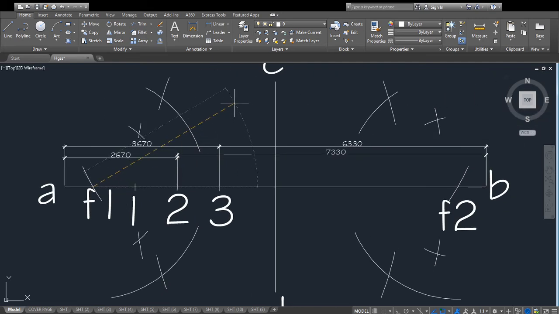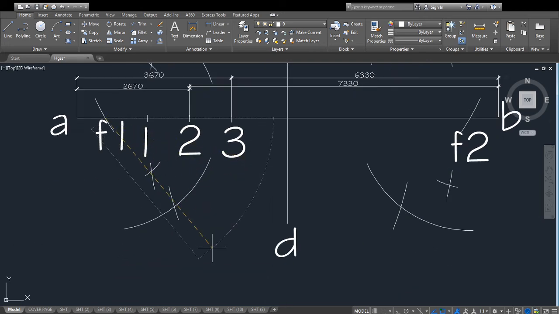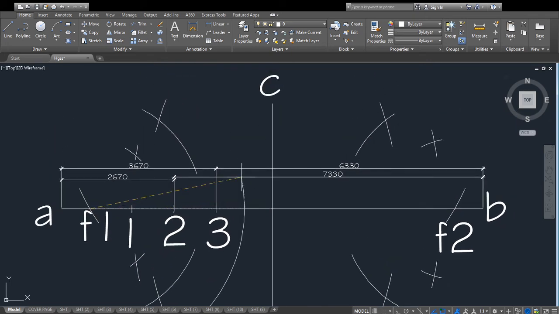Okay, A3 is what? A3 is 3670. Okay, 3670. So we say 3670. And we make this arc like this to this point.